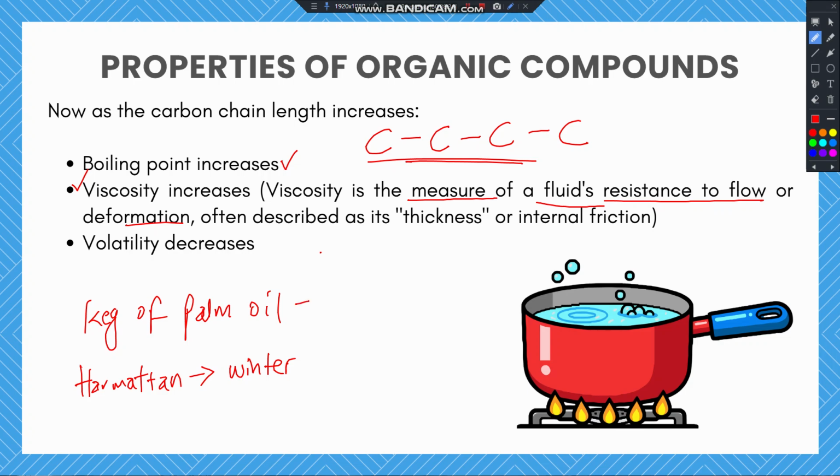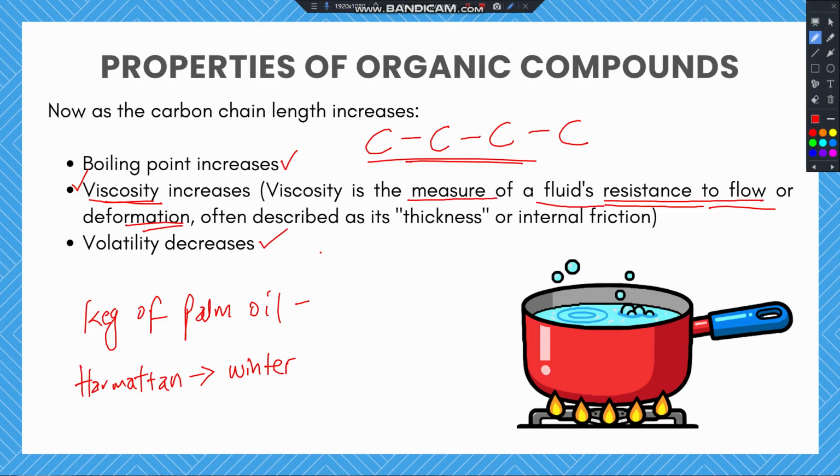That means that the viscosity has increased. Why? It is now very resistant to flowing and deformation. But when you heat that keg of palm oil, it becomes less viscous. When you turn the container upside down, it flows more easily. So that is what viscosity means.